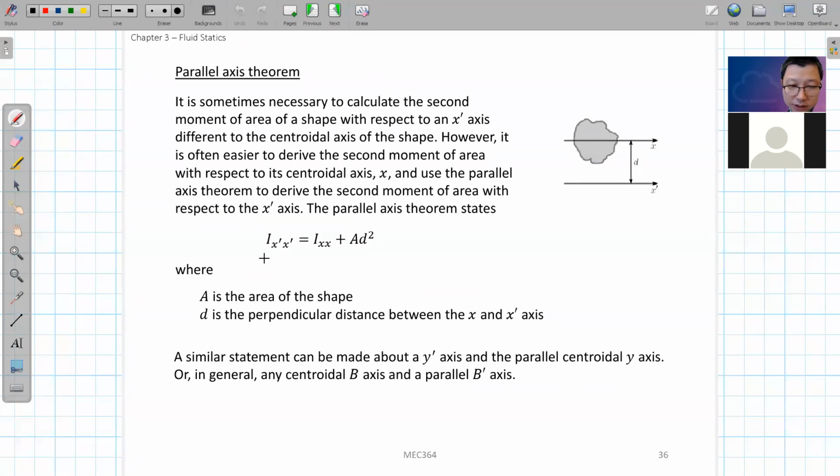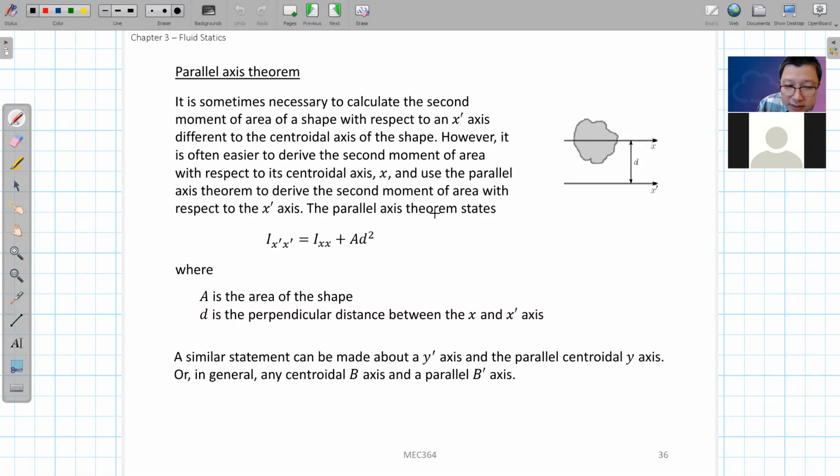Then you will have this correlation: the second order moment calculated based on x prime equals I of xx, the second order moment about the x-axis across the centroid, plus the area A, the overall area of this surface, times d squared.